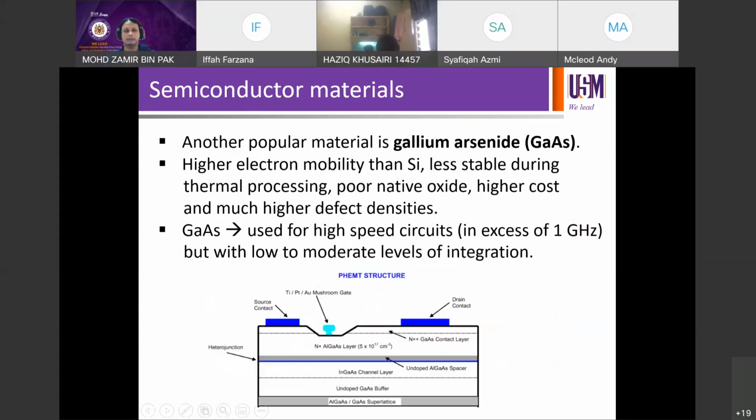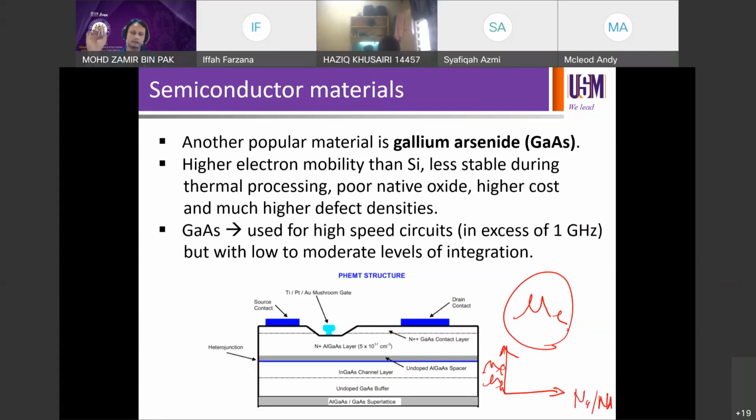Besides germanium, we have gallium arsenide, right? If you can recall, last time we talked about the mobility of gallium arsenide. Kita ada discuss tentang mobility versus doping level curve kan? The mobility of electrons and holes versus doping level N_A and N_D.